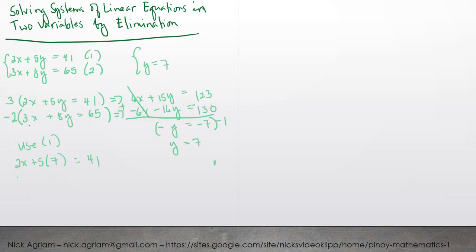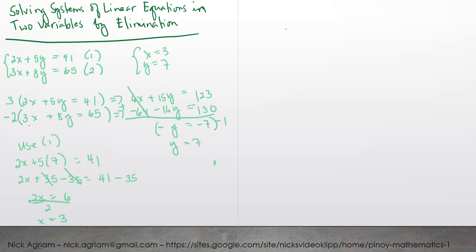That's 2x plus 35 is equal to 41. If we subtract 35 from both sides of the equation, then we have 2x is equal to 6. We divide both sides of the equation by 2, then we have x is equal to 3. And x is equal to 3. That's our solution.